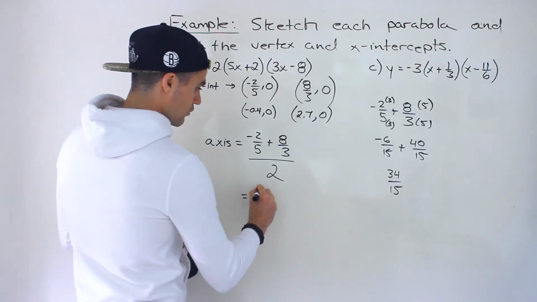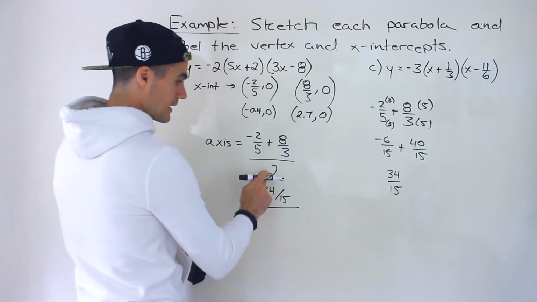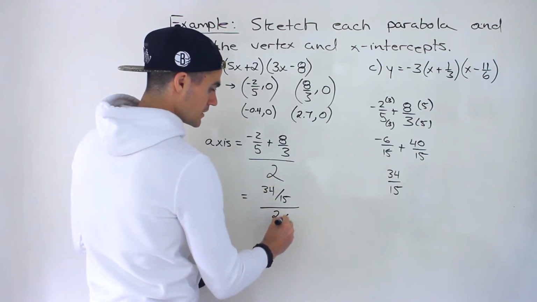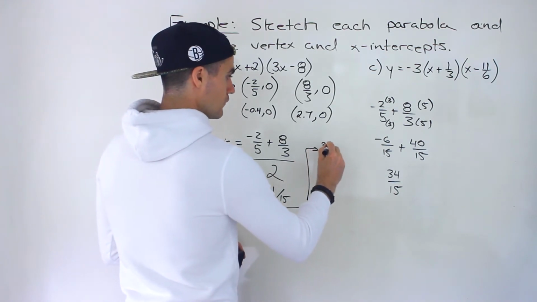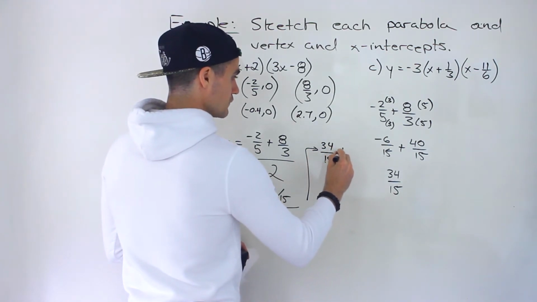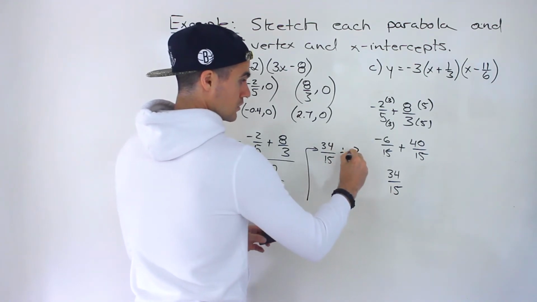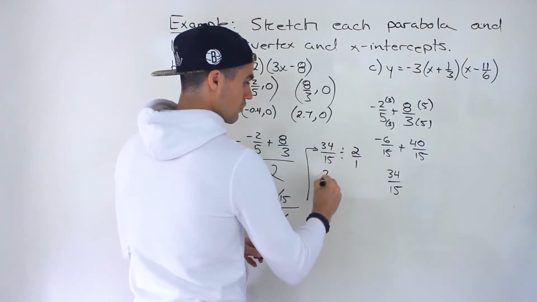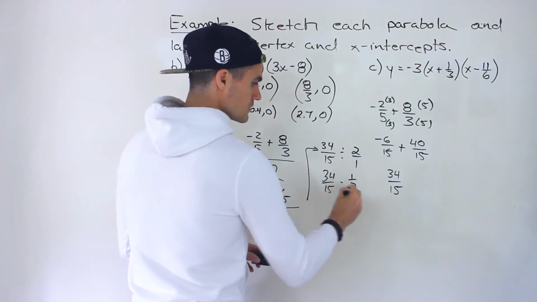So this 34 over 15 ends up being the numerator here. So we'd end up with 34 over 15 divided by 2, which is like dividing by 2 over 1. So we could rewrite this as 34 over 15 times 1 over 2.